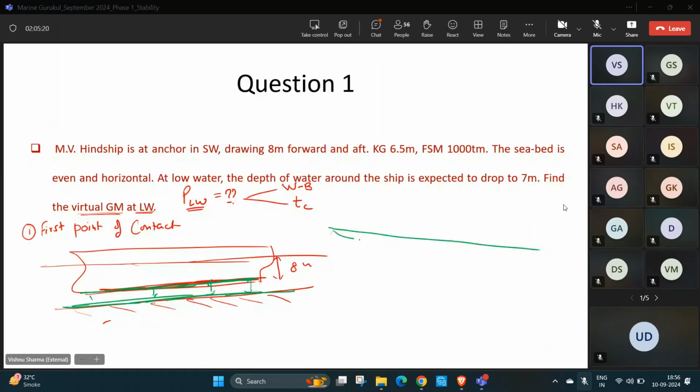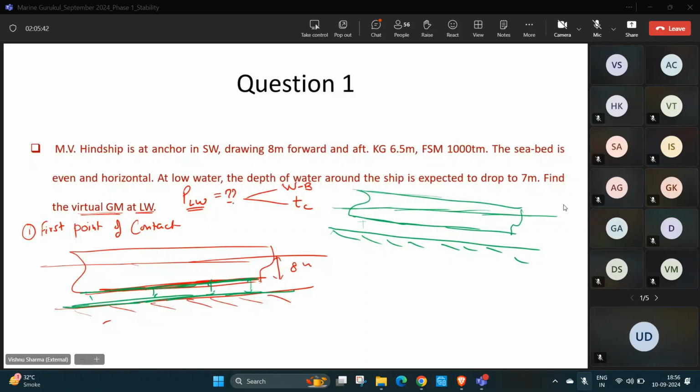If the seabed was like this, and the ship was also trimmed the same way, and again the keel was parallel to the seabed, this ship will also sit at the same time. Am I right? If the trim and declivity will be the same. Same time contact.